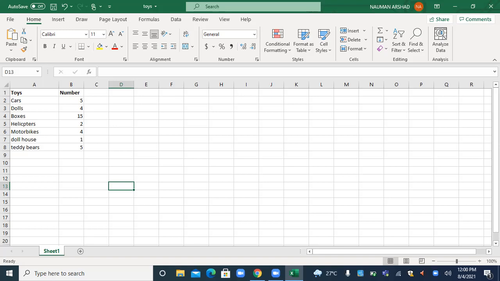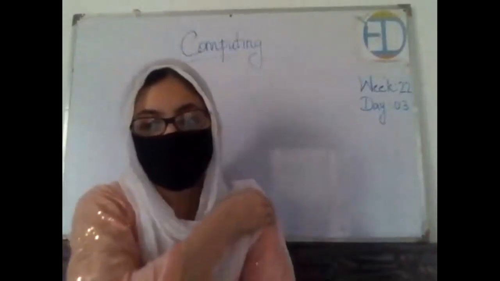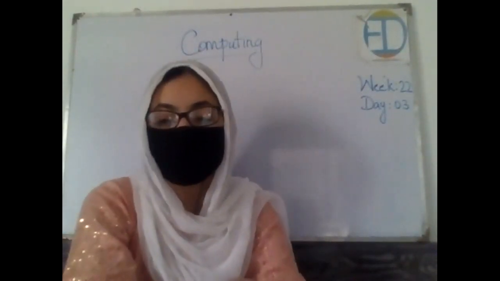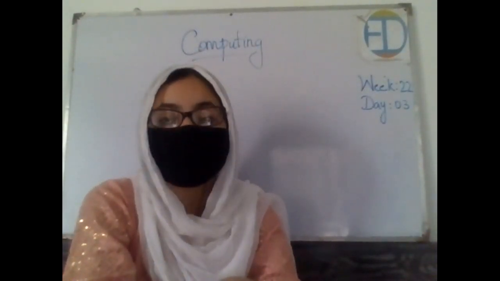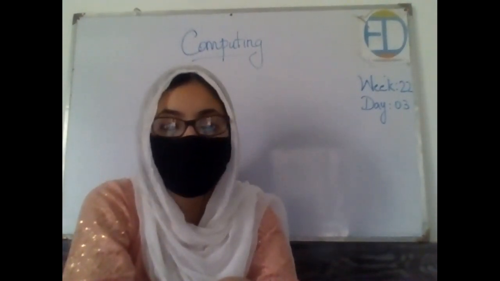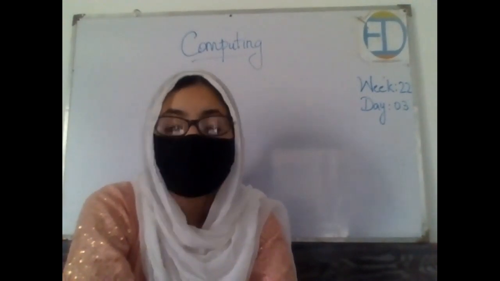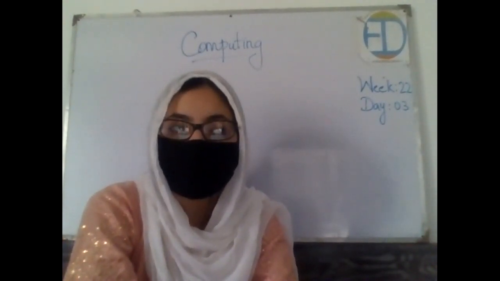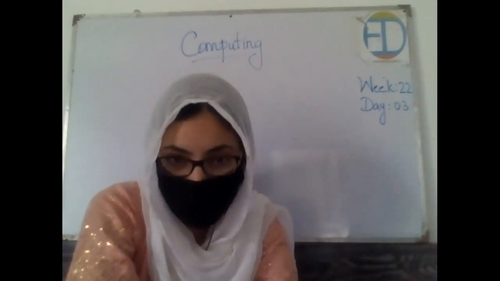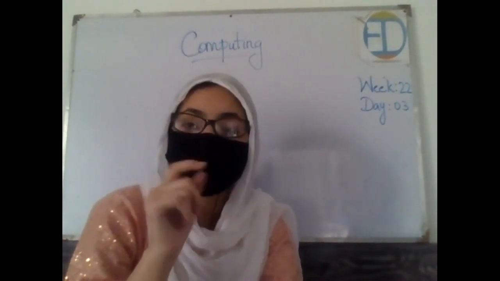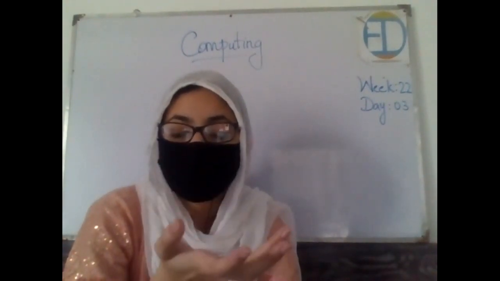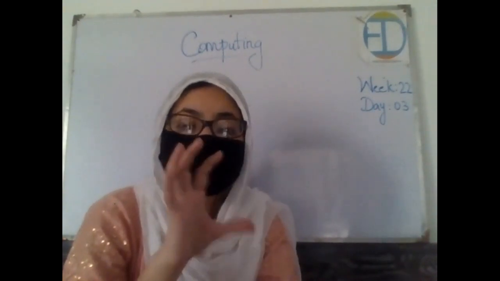Got it? Okay. Now, what is your class activity? You are supposed to make a similar list like I have created for toys, and then save it by a particular name. Like we have saved the previous one as toys, you can give it the name list of toys, okay, and then save it. Inshallah, in tomorrow's class, when we do the next work, we will be working on the same file.